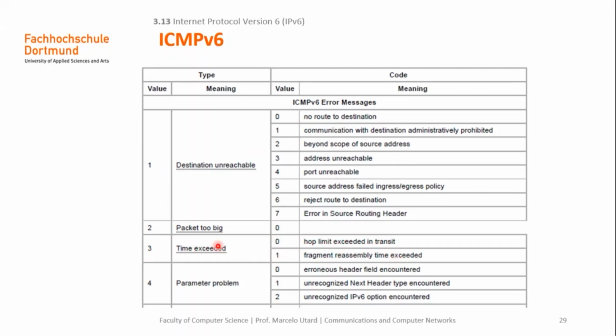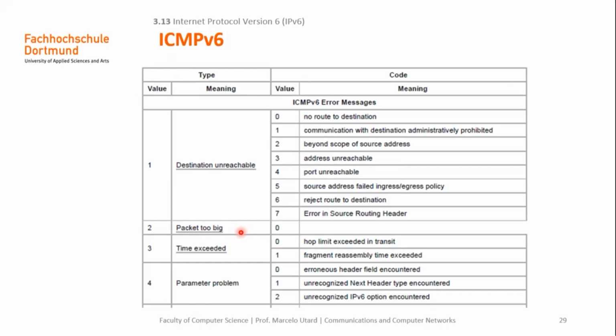And there is a new type of error message called packet too big, and this message is typically used by the host that needs to discover the MTU it needs to use to fragment the IP datagram at the source, in order to avoid the need of fragmentation in transit of the datagram.